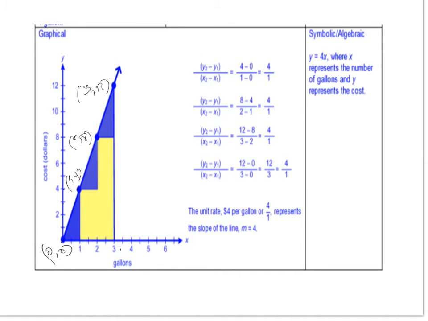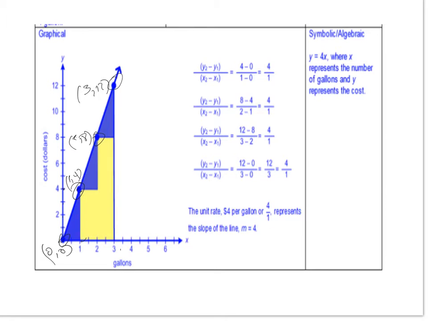And what the author did is he went over 1 and up 4, but still 4 over 1 would give us the same slope. And here we're going up 1, 2, 3, 4 over 1, and 1, 2, 3, 4 over 1. So each particular point on the grid gives us a rise over run of 4 to 1.